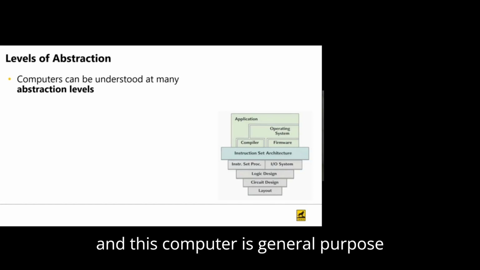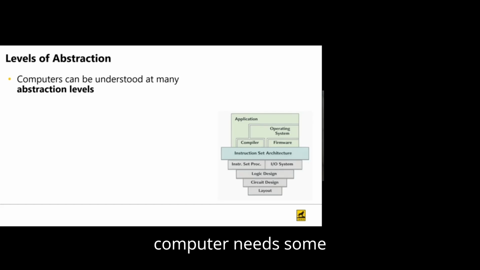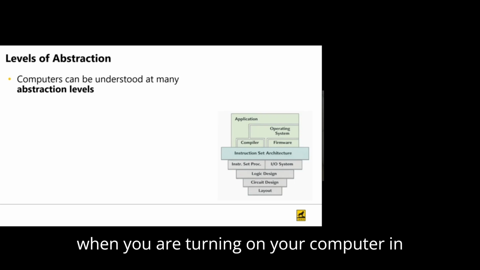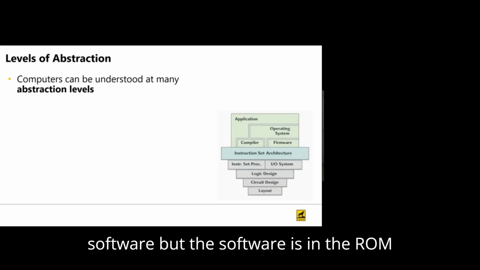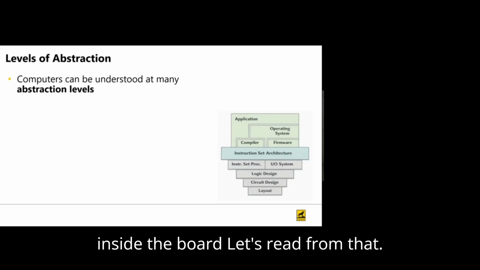And this computer, if it's a general purpose computer, needs some firmware. This firmware is like a BIOS, how the computer starts. When you are turning on your computer the first time, it starts some initialization. That still is software, but the software is in a ROM inside the board that is read from.